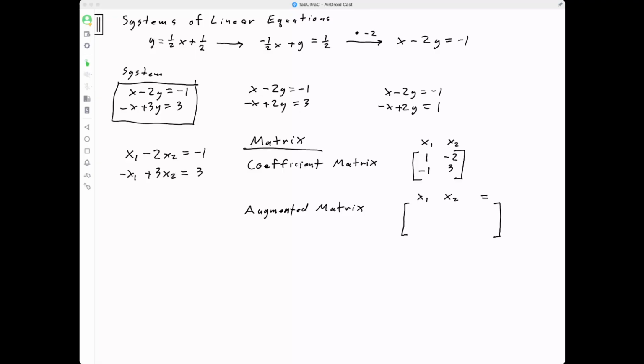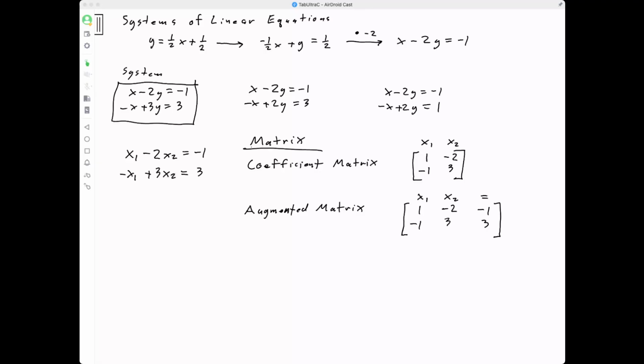And so the first equation becomes 1 times x1 plus a negative 2 times x2 is equal to negative 1. The second equation becomes negative 1 times x1 plus 3 times x2 is equal to 3. And so now we have the augmented matrix.